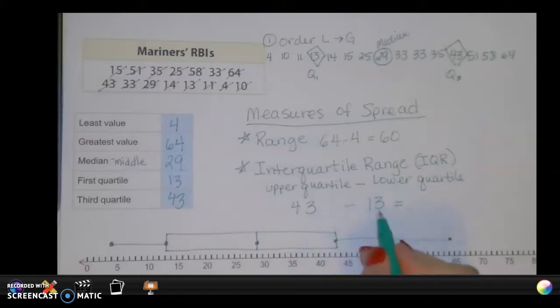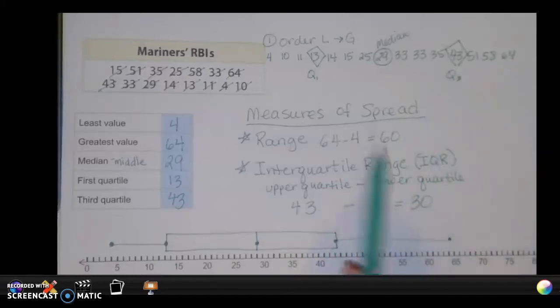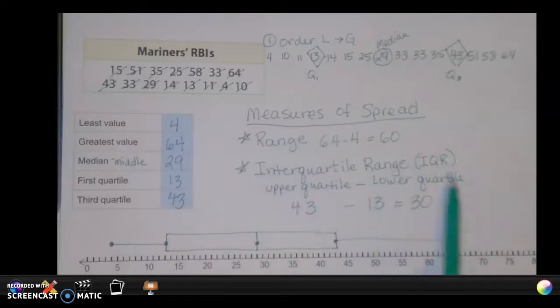So 43 minus 13 is 30. So the range of this box and whisker is 60, and my interquartile range, or IQR, is 30.